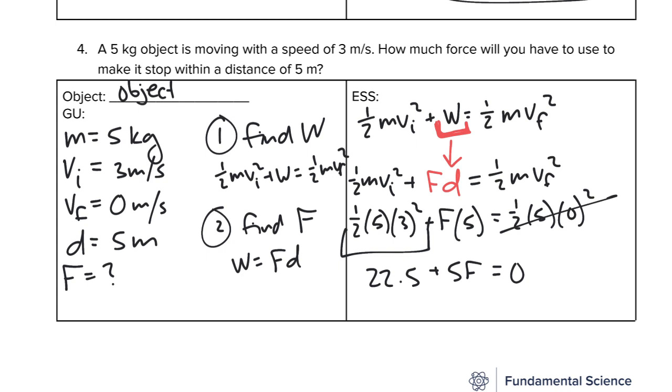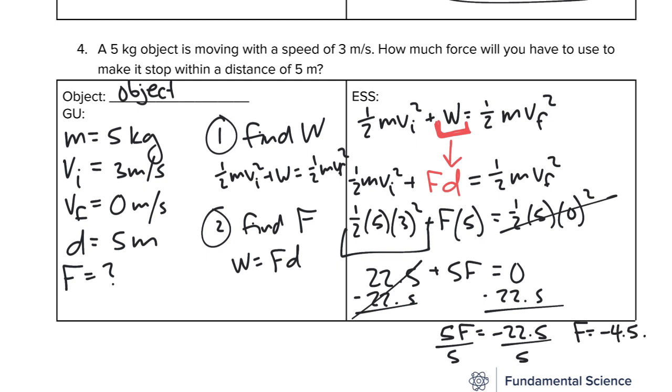Now from here, we're going to have to subtract 22.5 because it's added to our 5f. And now we've got 5f equals negative 22.5. At that point, we're going to divide by 5, which is going to give us a force of negative 4.5 newtons.